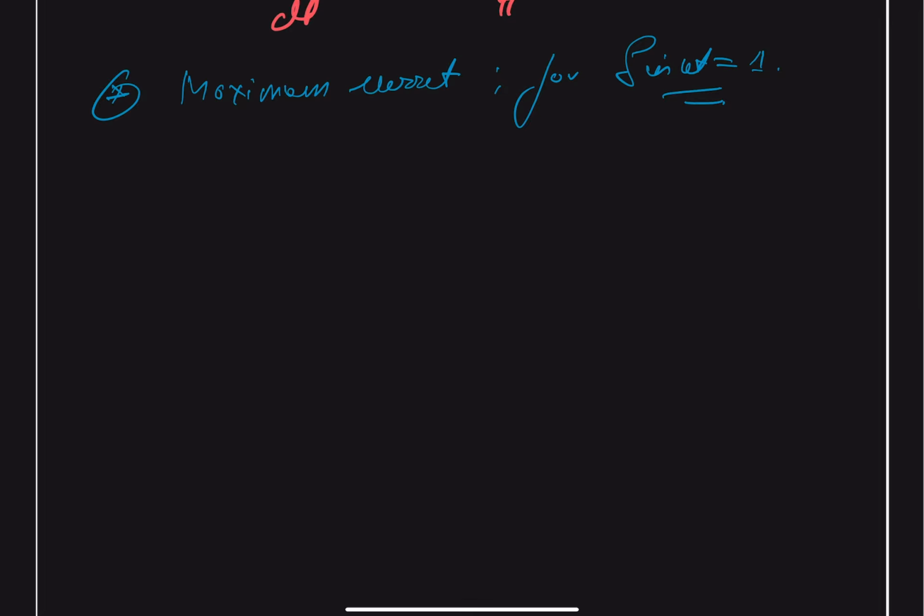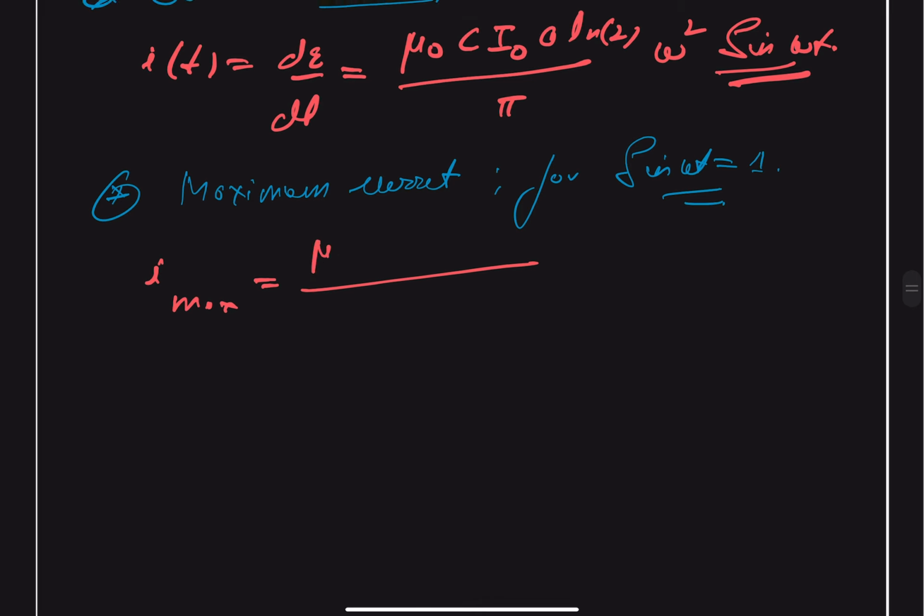So we can write our I max will be equal to mu naught C I naught A omega square natural log of 2 divided by pi.